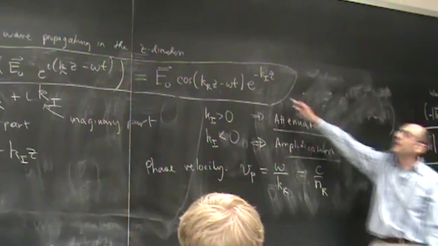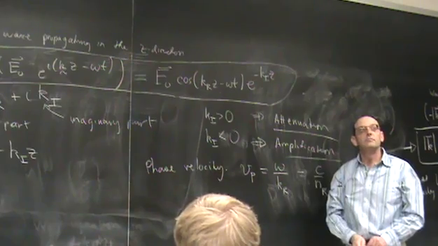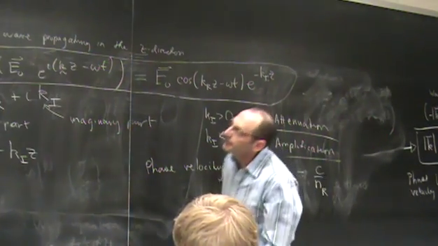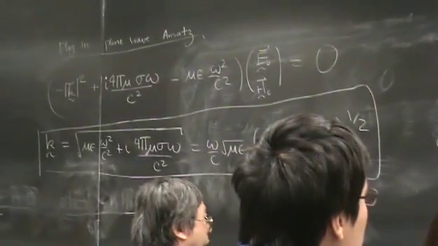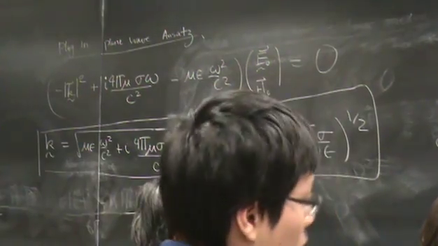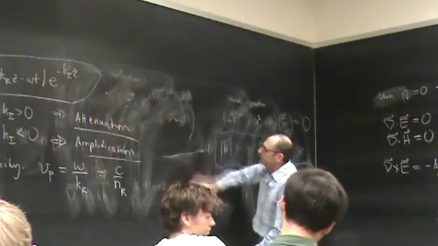It also has an imaginary part, which has to do with the attenuation. Let's take a look at what the real and imaginary parts are for this particular case, where we're looking at a medium in which we put a finite conductivity.